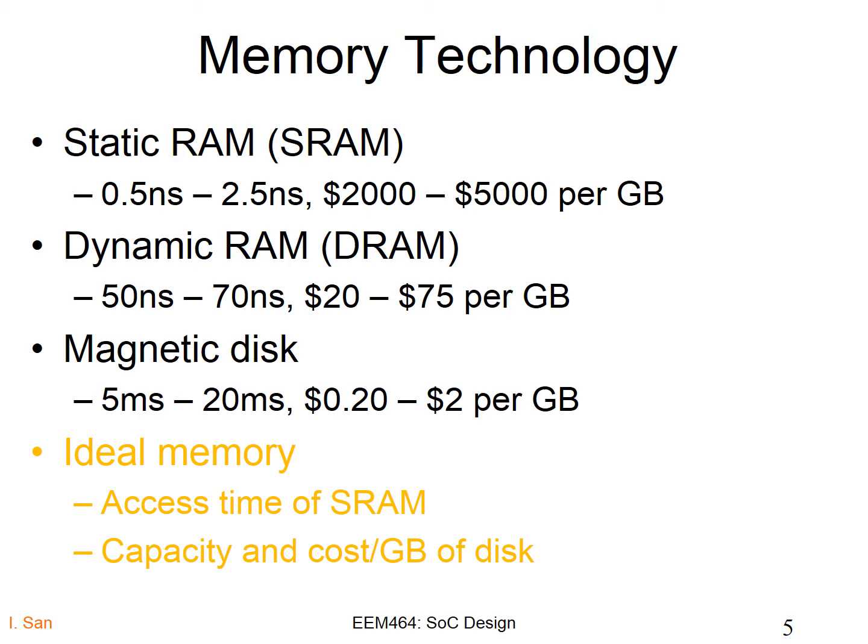These are like $2,000 to $5,000 per gigabyte. Especially today, you need 2 terabytes of information, so you cannot build such a memory consisting only of static RAMs. It is not possible in terms of your system budget.